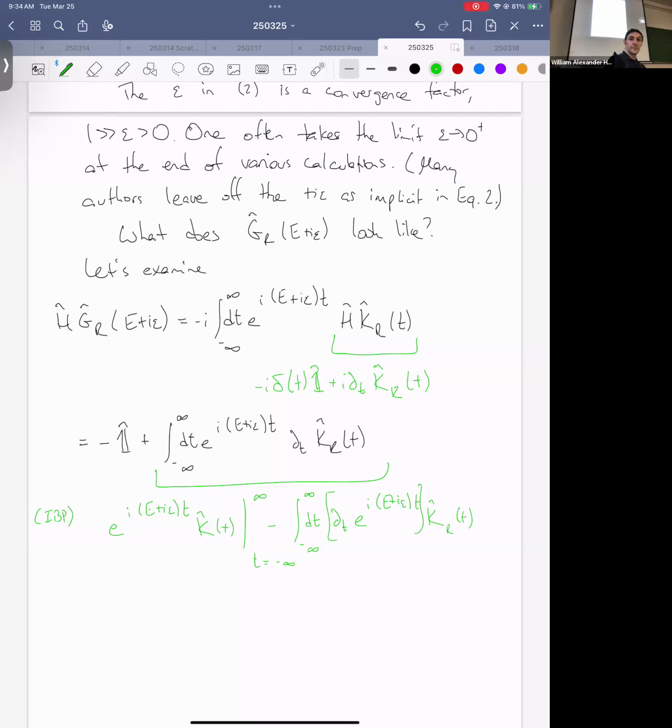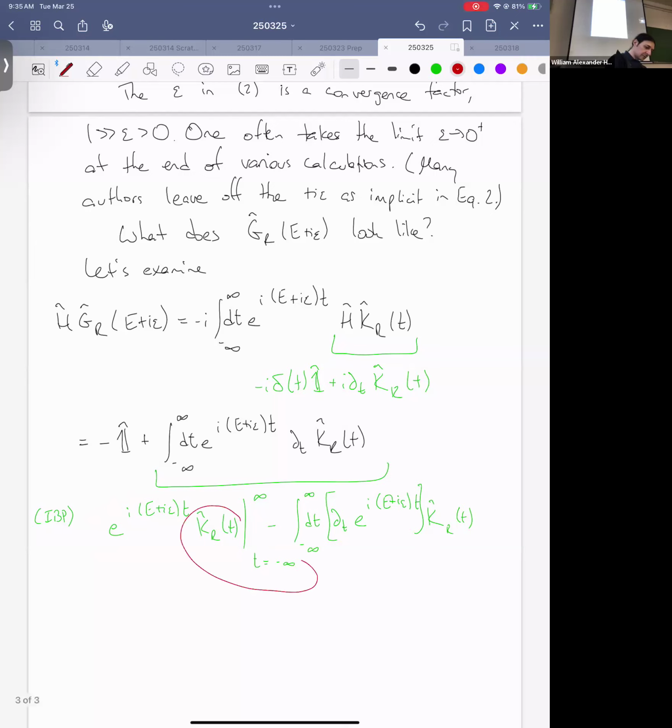Now, remember that this retarded propagator operator has a theta function of t in it. So when we evaluate this whole object at minus infinity, this is 0.